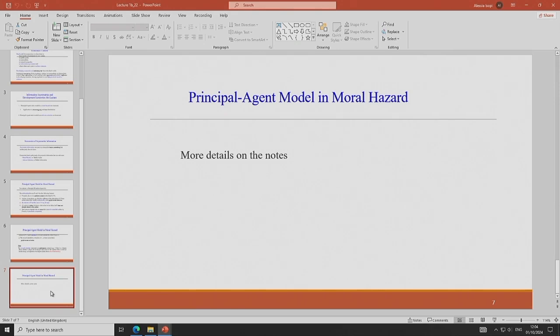Now, the level of effort which is exerted by the agent can range between 0 and 1. In a much more complicated version, we can have a continuum of effort, a continuum of outcomes, a continuum of a work schedule, but eventually the intuition doesn't change. So for now, we just keep it simple. Effort can be either 0 or 1, and associated to the effort, as we said before, there's a cost.